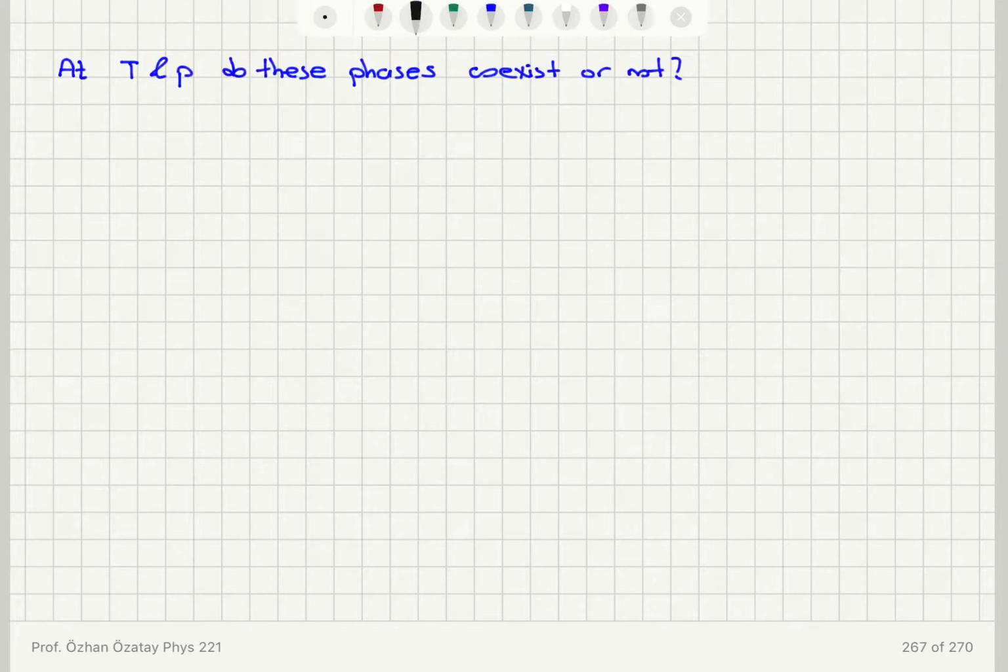Now, in order to answer this question, since we have a system in contact with a constant pressure and temperature reservoir, we need to look at the total Gibbs free energy. The total Gibbs free energy by definition is the mean energy E bar minus T S, absolute temperature times entropy, plus pressure times volume.